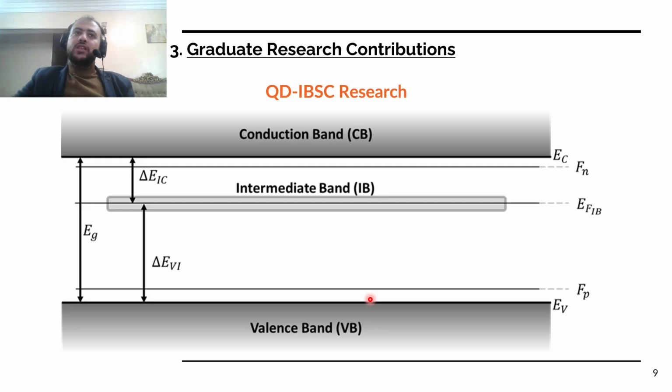This is to use the sub-band gap photons to generate more photocurrent and eventually enhance the conversion efficiency, because these sub-band gap photons usually come across unabsorbed. So our research mainly focused on making use of these unabsorbed photons.